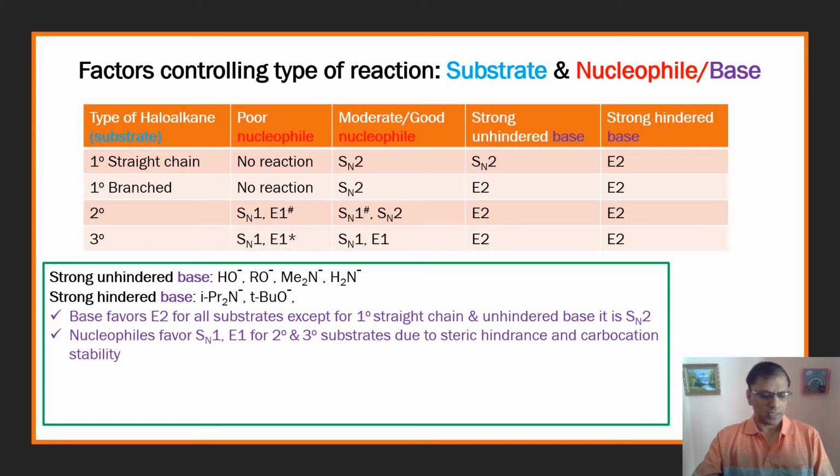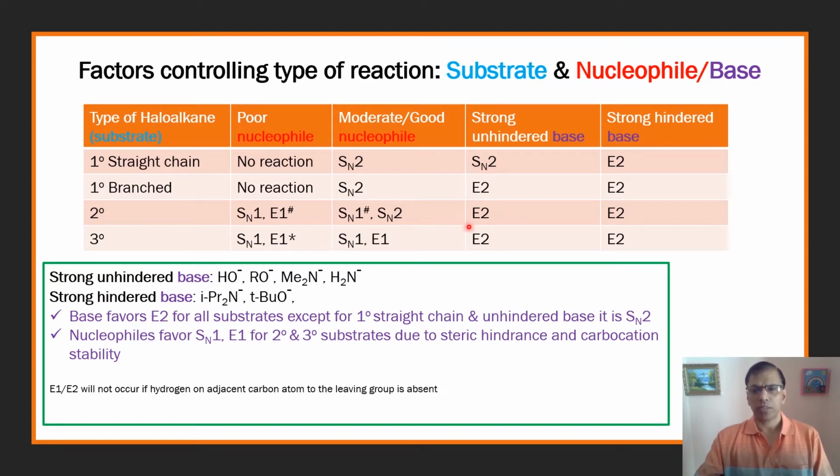So we'll see that nucleophiles will favor SN1 and E1 for secondary and tertiary substrates, and that's because of steric hindrance and carbocation stability. To learn more about carbocation stability, please refer to my previous video on carbocations. It will explain why a tertiary carbocation is more stable than a secondary, which is more stable than a primary.